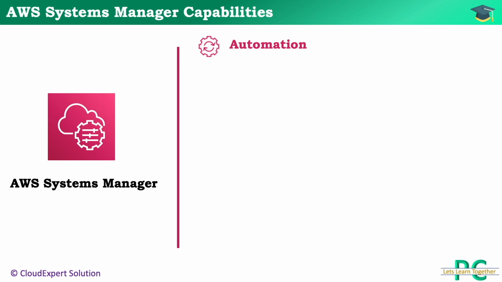You may be working with a data center or maybe with other cloud providers, and you will be able to integrate Systems Manager not only with your EC2 instance but also with virtual machines on-premise as well as virtual machines in other cloud providers. I have created a separate video to configure AWS Systems Manager for a virtual machine in an on-premise data center. I am going to provide the video URL in the description below.